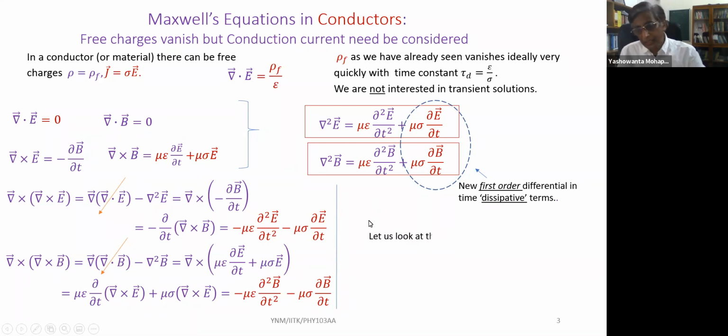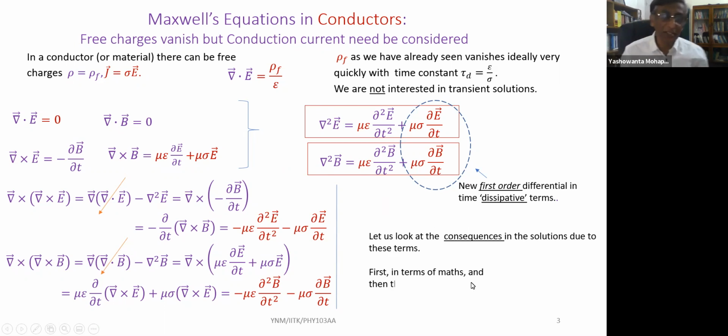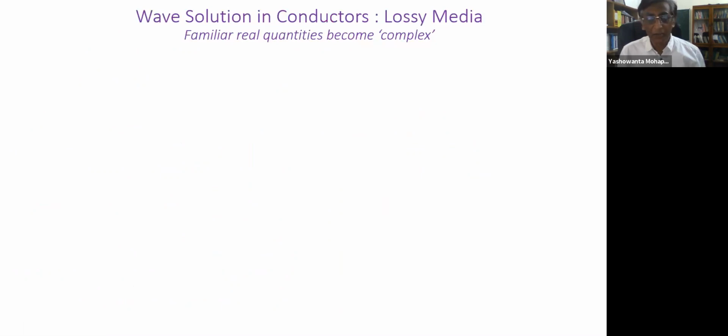So we'll look at the consequences of these terms on the solutions, first in terms of maths, and then of course the physical significance of the maths. Let's go ahead.